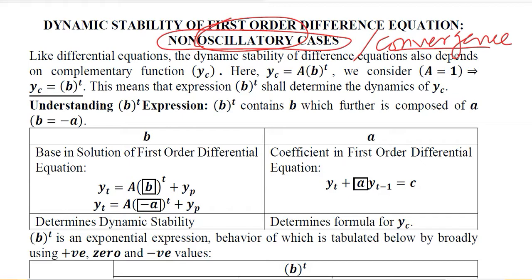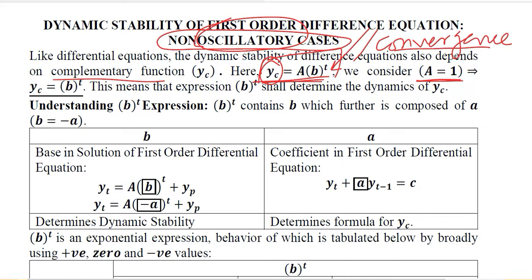So let's focus on that part of the time path that explains the dynamic stability, and you remember that it is the complementary function. This is the value of the complementary function of the first order difference equations. So we take this as the starting point, and we assume that a is equal to 1 for the time being. We will also see the effect of a in the upcoming videos.